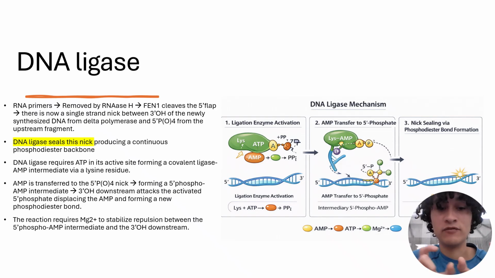So it will then form a phosphodiester bond. Okay, and magnesium ions stabilize the repulsion between the 5' phospho-AMP intermediate and that hydroxyl nucleotide on what used to be the Okazaki fragment, and that essentially allows that phosphate sugar backbone to form. Okay, and that means they're now linked. That new strand of DNA that delta polymerase has synthesized and that Okazaki fragment are now linked, and we've got our daughter strand of DNA now on the lagging strand.